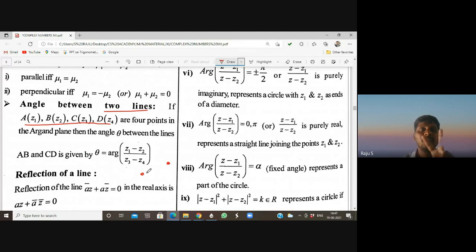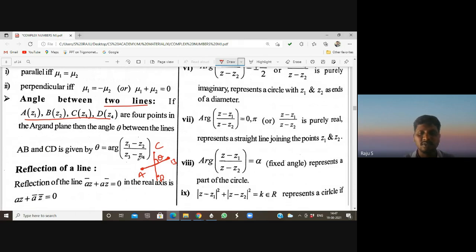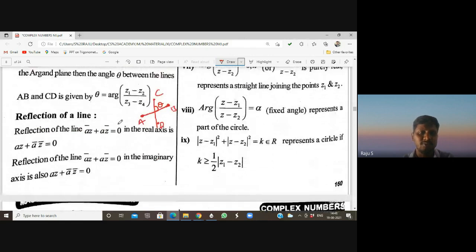Minimum we require two points; if you join these two points only, a line is generated. This is A, this is B, this is C, this is D. The angle between these two lines is given by theta equal to argument of (z1 minus z2) by (z3 minus z4).